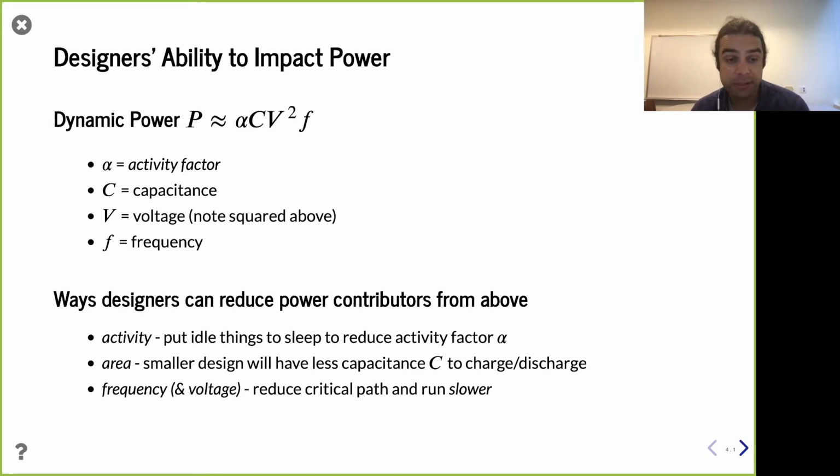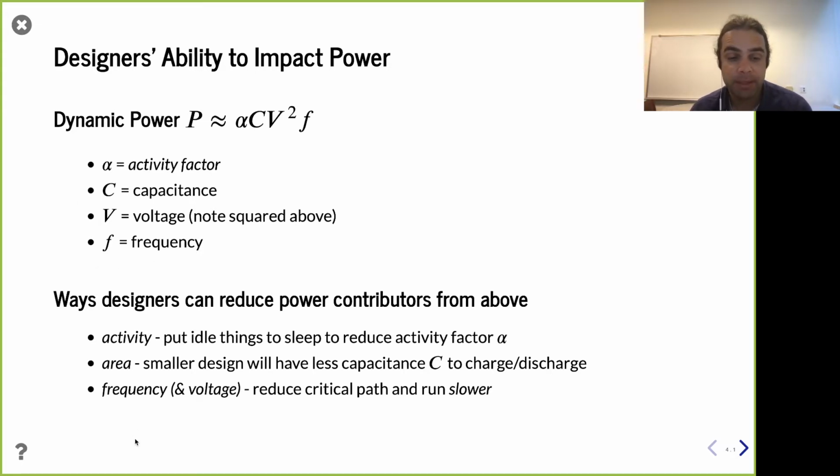Well, each of those transistors does get smaller, so the capacitance will be reduced, right? So if you have the exact same design and you use a newer process technology, your capacitance should reduce, to some extent, right? And so as a designer, the capacitance is mostly set by your process technology, and then how small your design is, is the biggest thing you control. Make your design smaller, less area, you'll have lower capacitance.